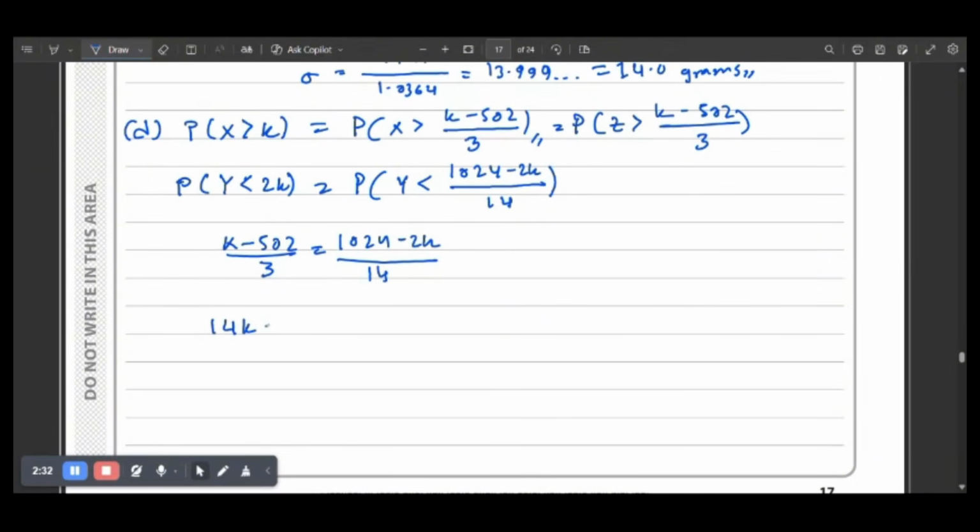If we simplify, we get 28, and here we get 30 into 30 in 72. This will give us the value of k as 505.